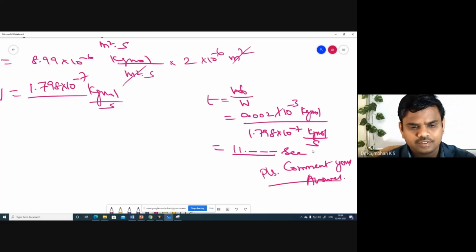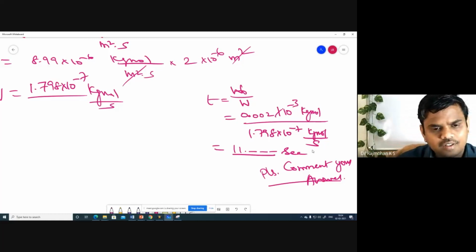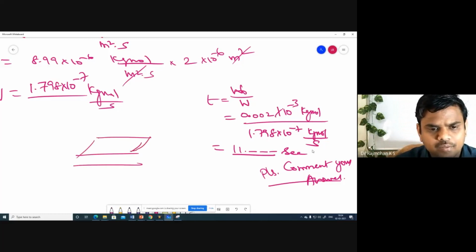Okay, so in this problem, what we have done: data is given. We have a film, a rectangular shaped thing with a coating, and it was asked to assume mass transfer in the thin coating is 0. So we consider a thin film of air across which the diffusion will take place.